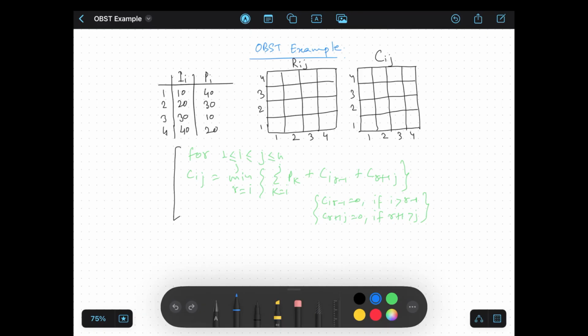So how we are going to go about it is we go by the diagonal, fill in the diagonals, and because of our boundary conditions, the values below the diagonal are going to be 0, and we are going to calculate values above the diagonal in this way.